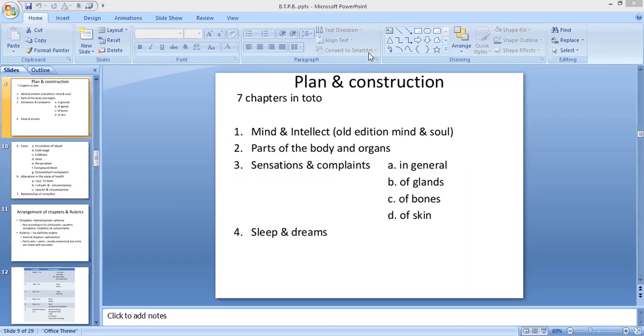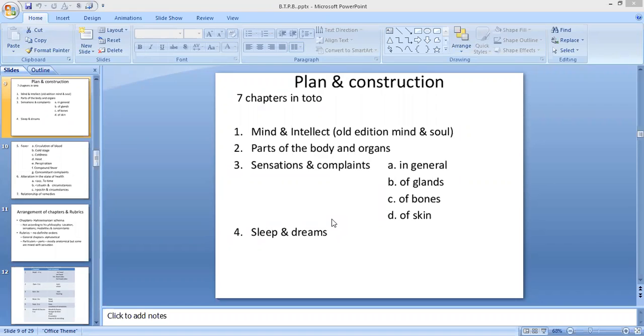So what are subjective symptoms? The subjective symptoms are nothing but the symptoms which are felt by the person. For example, desire for open air, then aversion to open air, intolerance of clothing, inclination to lying down.